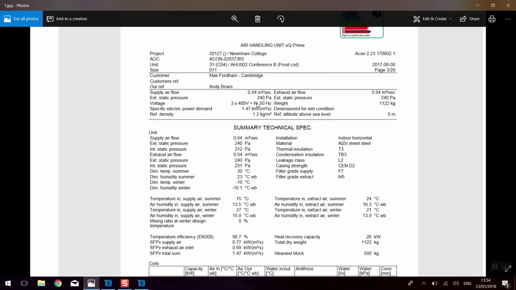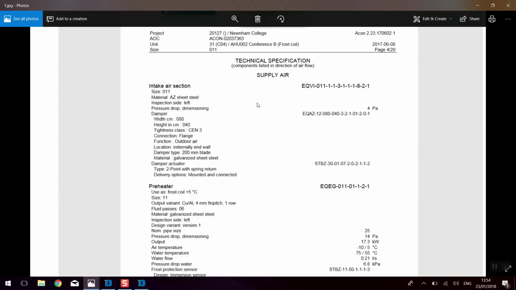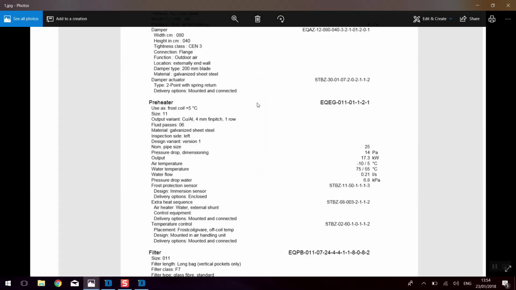So with this one, we go and see, first of all, that this unit uses a preheater as a frost coil to heat up the temperature from ambient -10 to +5 degrees.